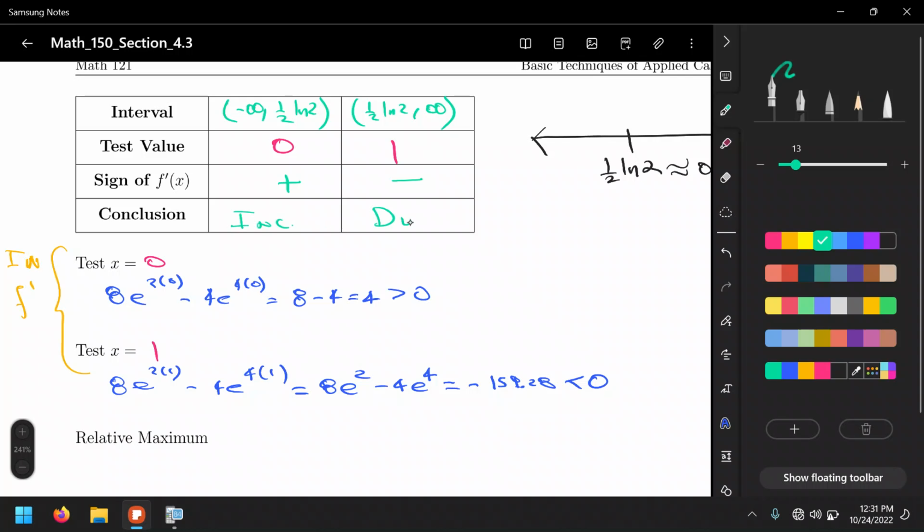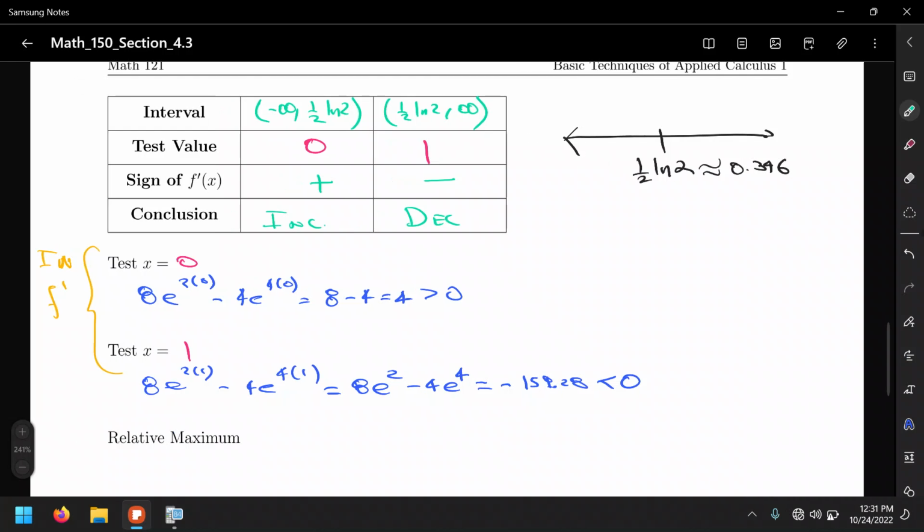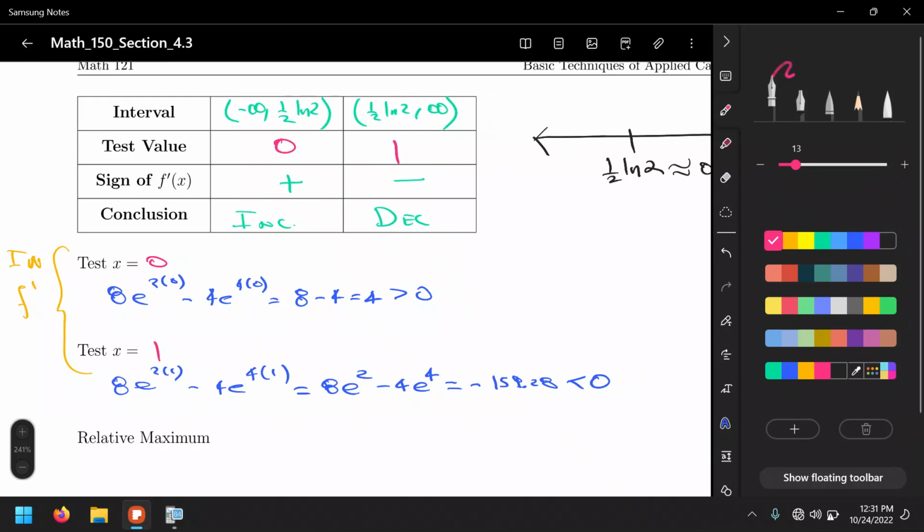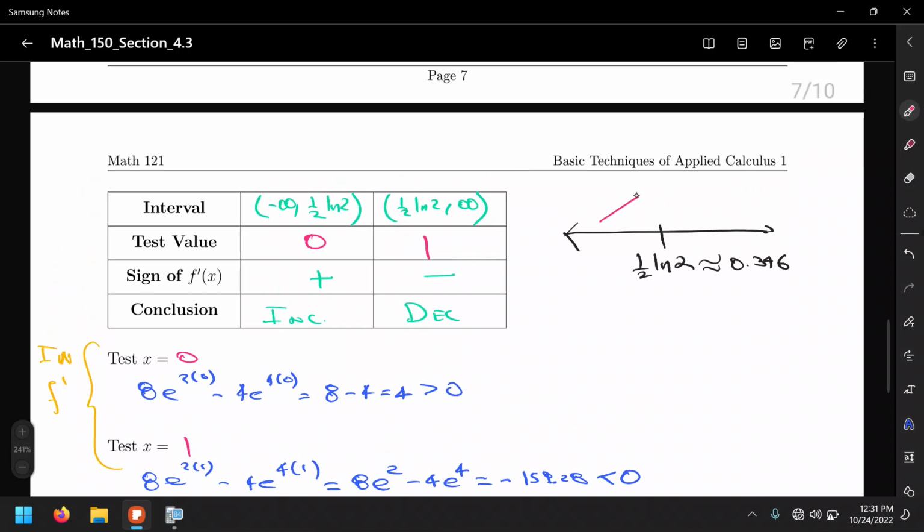This means negative, and the conclusion: increasing, decreasing. So there's an actual change from increasing to decreasing. What does that suggest? Well, concavity is for the second derivative.